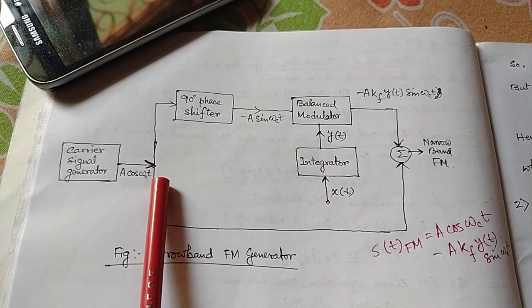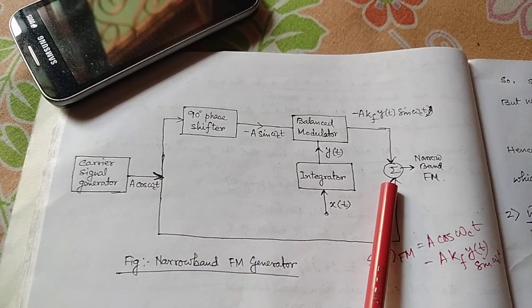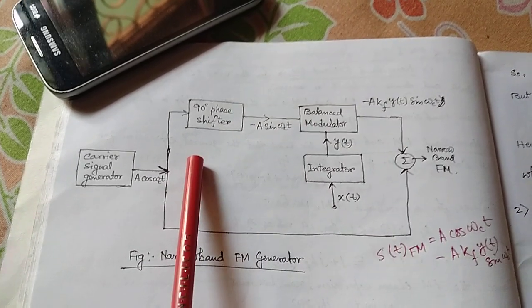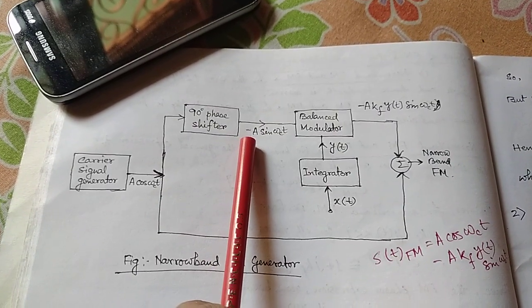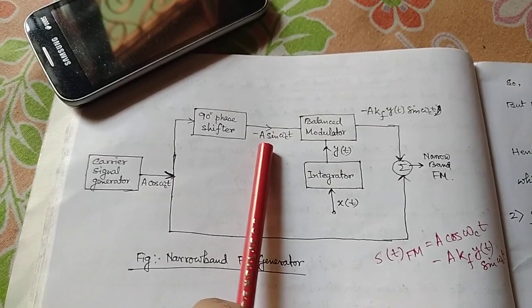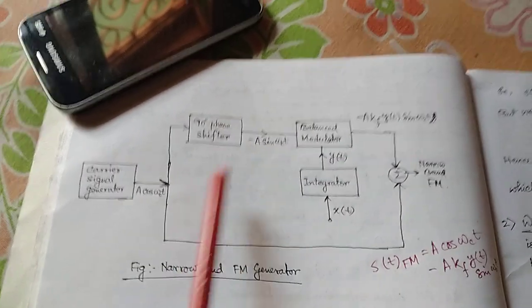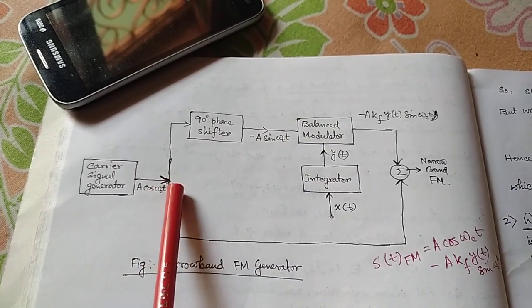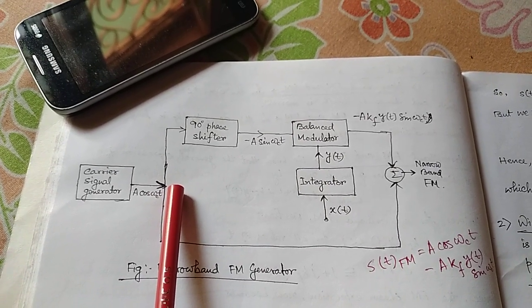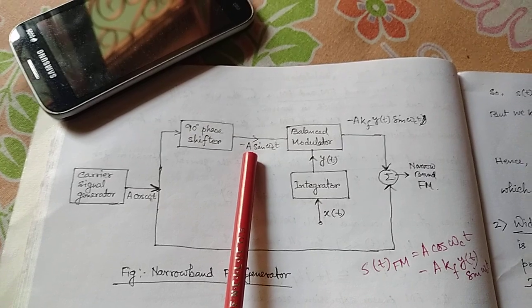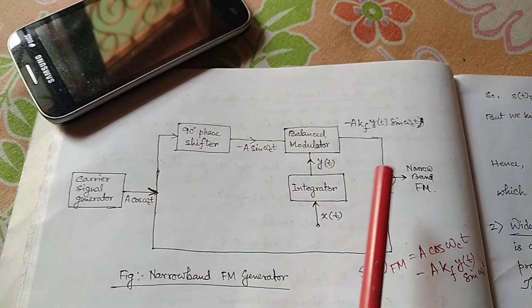So A cos omega_c t has already reached here. Now if we make a 90-degree phase shift, it would become minus A sin omega_c t, because a 90-degree phase shift means cos(theta plus 90), and cos(theta plus 90) means minus sin theta, so it would become minus A sin omega_c t.